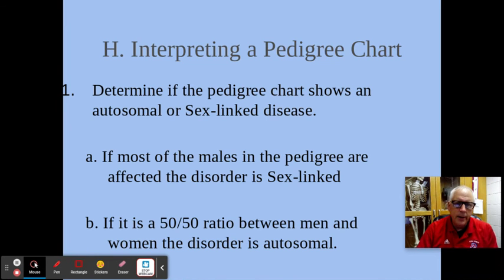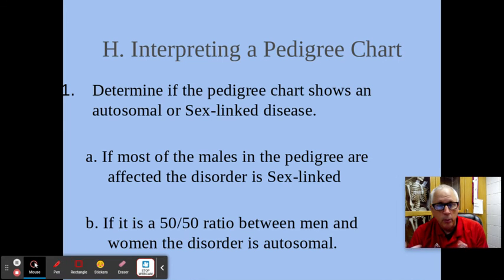When you interpret a pedigree, you can detect a lot of things from looking at it. We can figure out if it's on the autosomal, 22 of the chromosomes. If it's a sex-linked one, we can tell that by looking at how many boys or girls have a disease. If most of the males in the pedigree are affected, then that would be a sex-linked one.